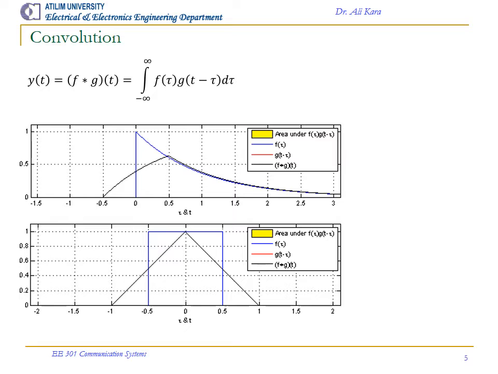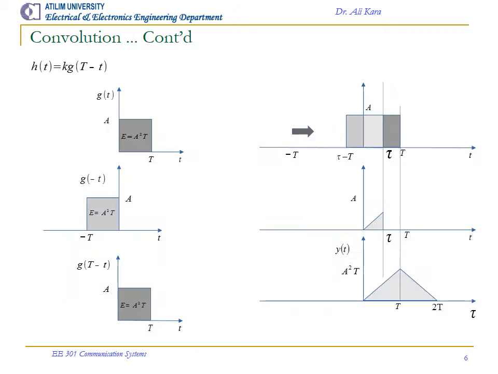So the new function, y of t, is the area at the time instant t under the multiplication of f of tau and g of t minus tau, where tau goes from minus infinity to plus infinity. The following animation displays the idea visually.